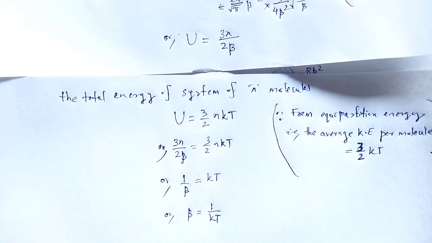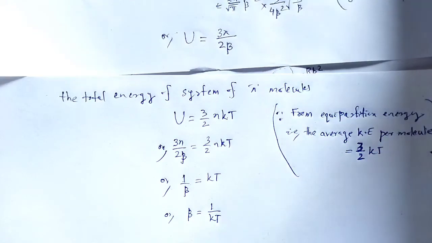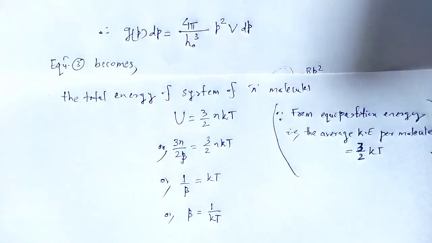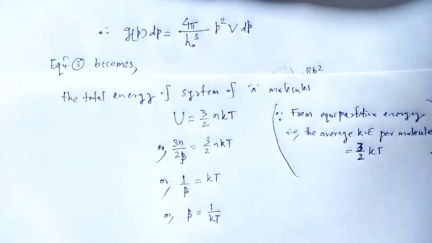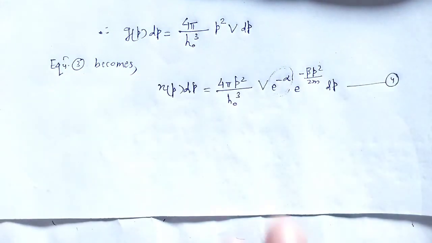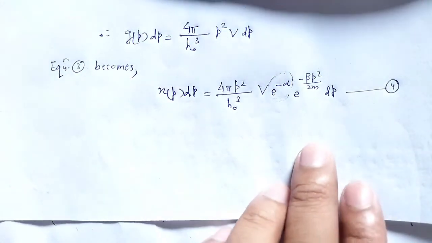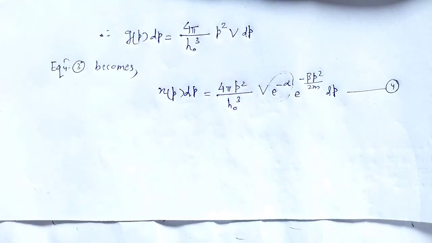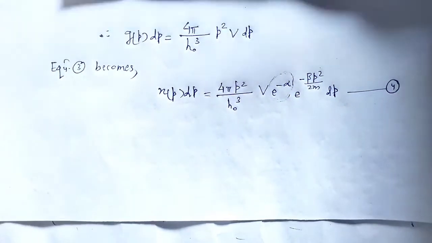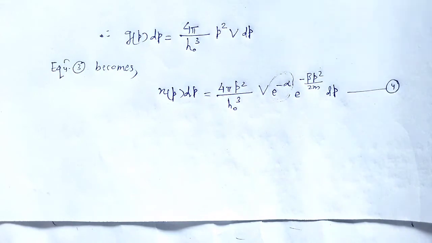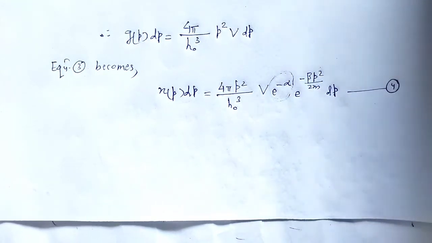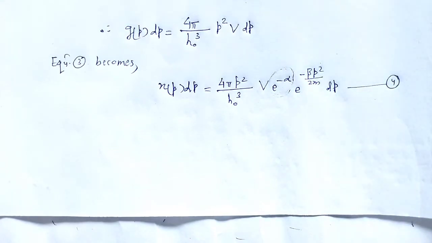Therefore, the equation we derived as equation number 4, look at that equation number 4. Equation 4 can be changed to equation number 5 as we put the value of e to the power alpha here.